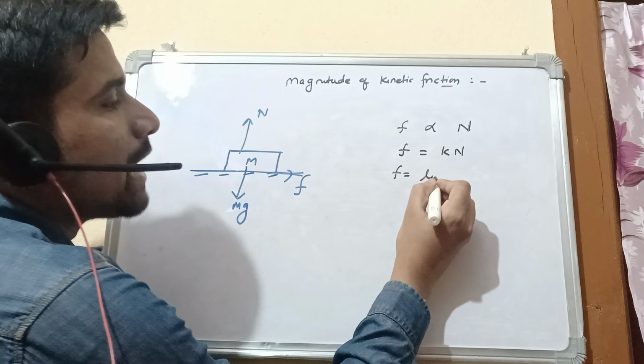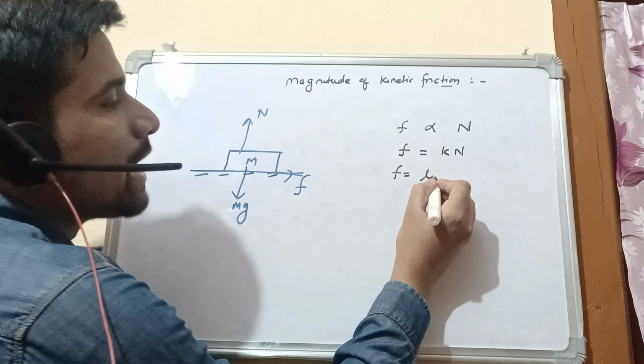Now you can understand how we calculate friction in different problems, and how we solve the problems by calculating the value of friction when there is a relative motion between two objects. Let's understand by an example. Let's say this is an inclined plane at an angle of maybe 30 degrees.